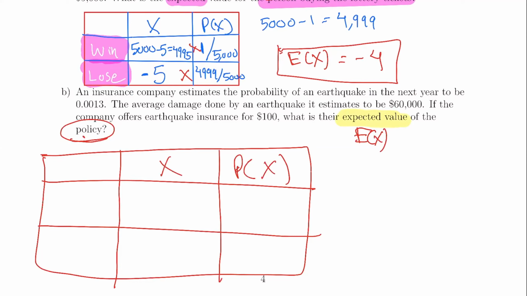Either an earthquake is going to happen or an earthquake is not going to happen. So for this portion, we'll put earthquake, and we'll put no earthquake. Any question why earthquake and no earthquake?